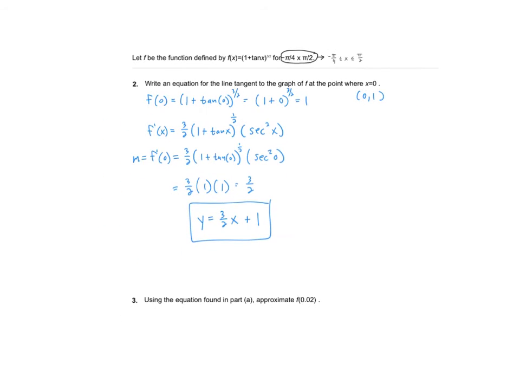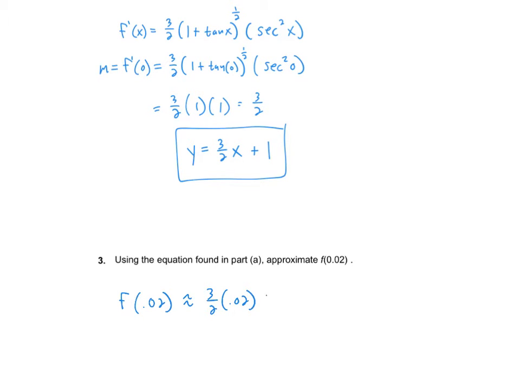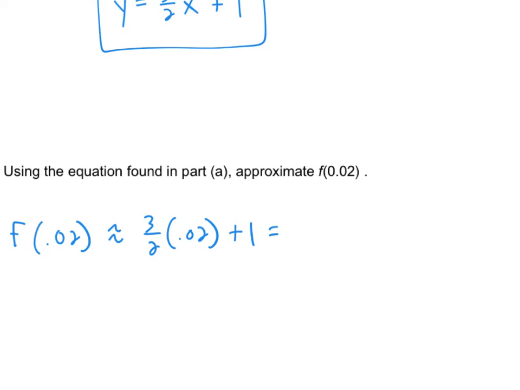Okay, and then for the approximation down here, now we'll just plug in 0.02 for x. And then we're going to use that, using the equation, to approximate f of 0.02. So f of 0.02 is approximately whatever we get when we plug in 0.02 into the tangent line. Okay, and then, you know, 0.02 is 1/50. And I'm going to simplify.